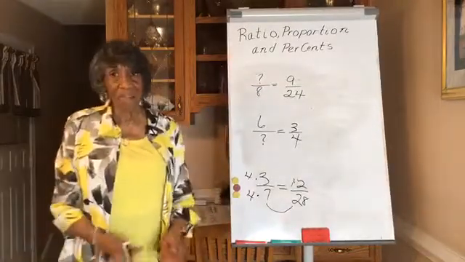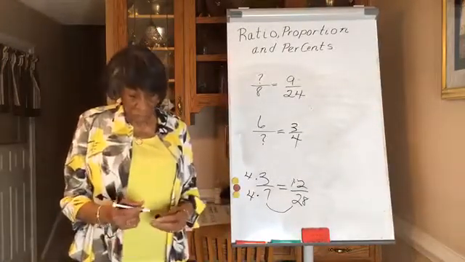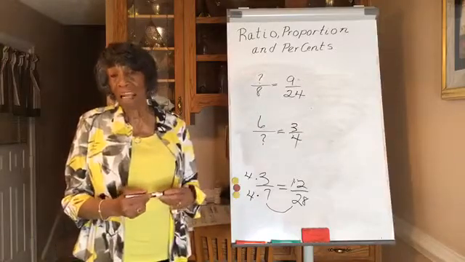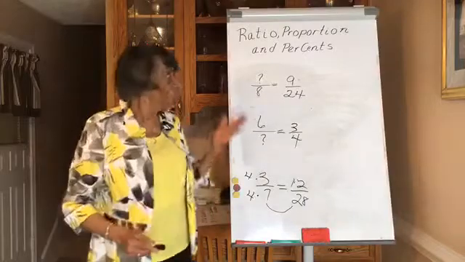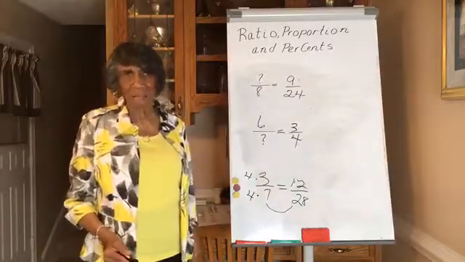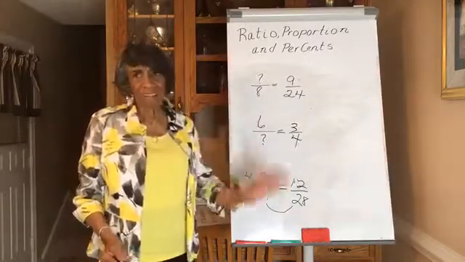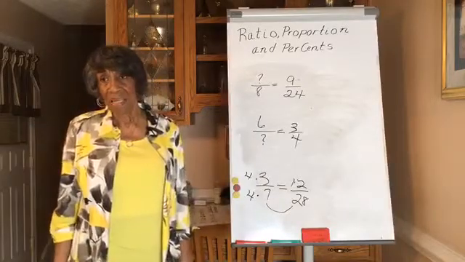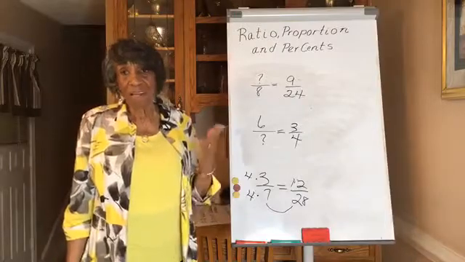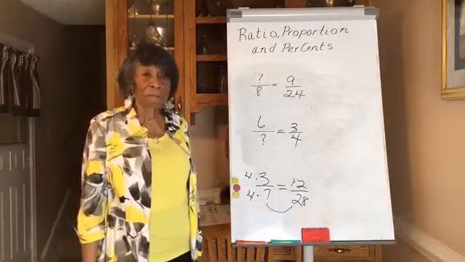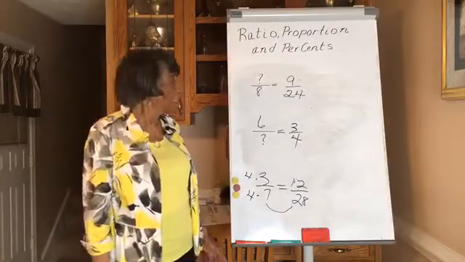Okay, so actually we're just applying some things we learned with fractions. And I've told you that math is not difficult because if you learn fractions well, ratios and proportions and percents are going to be very easy. Just understanding the vocabulary is all you need, and the processes you've already learned. All right?